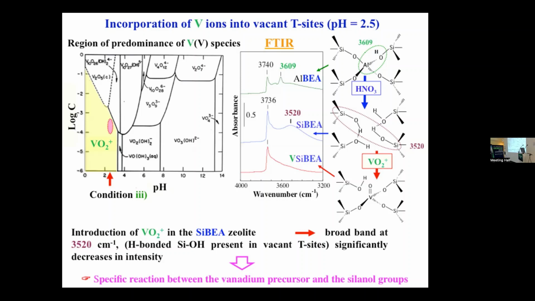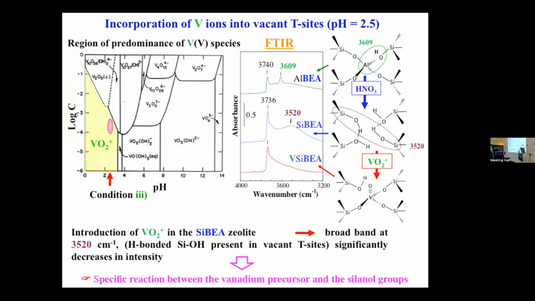We create this, and it is very easy to write this, but it is more difficult to confirm. The formation of these hydrogen-bonded OH groups is confirmed by infrared spectroscopy with the formation of a large band at 3520, and also isolated species like SiOH.